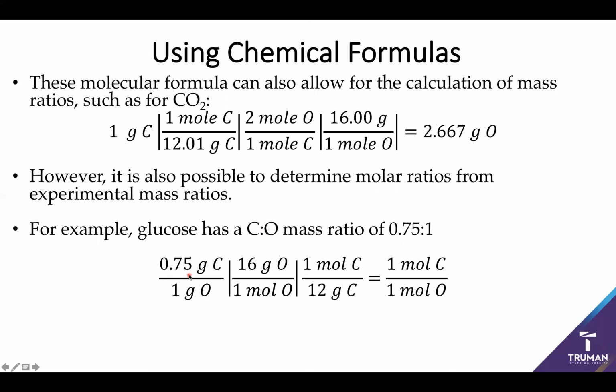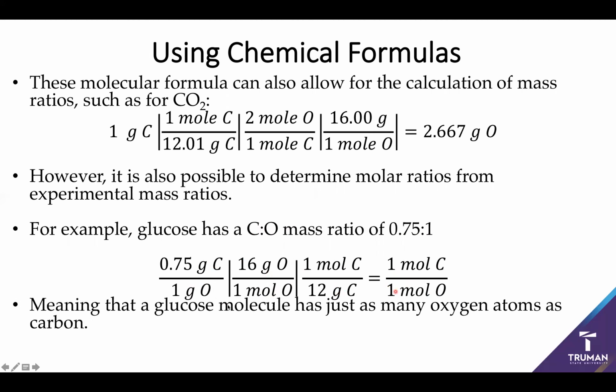I can do a similar analysis, set up the ratio of atoms, and then convert grams of oxygen to moles of oxygen using the molecular weight, and the same thing with carbon. So this gives me, as I walk through, a ratio of moles of carbon to moles of oxygen. And lo and behold, it's a 1-to-1 ratio, meaning a glucose molecule has just as many oxygen atoms as it does carbon atoms.